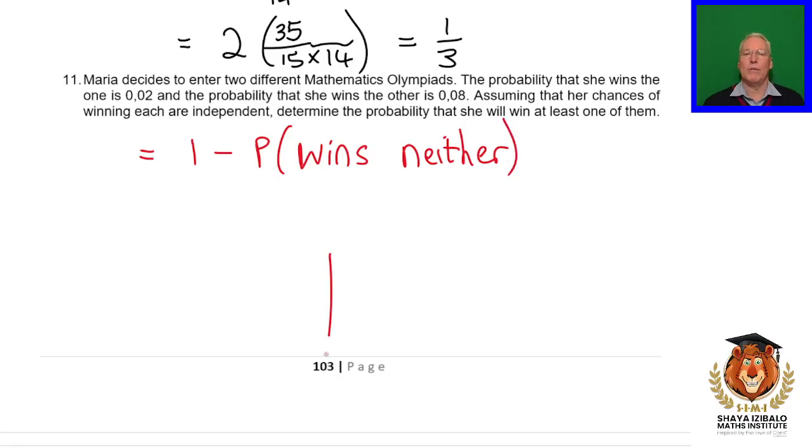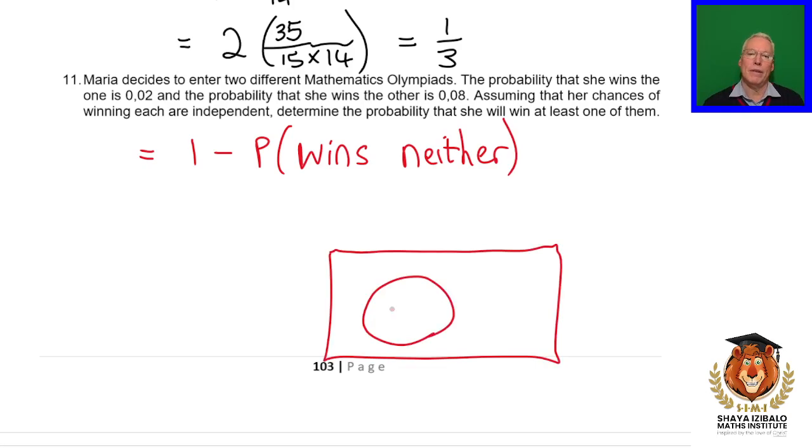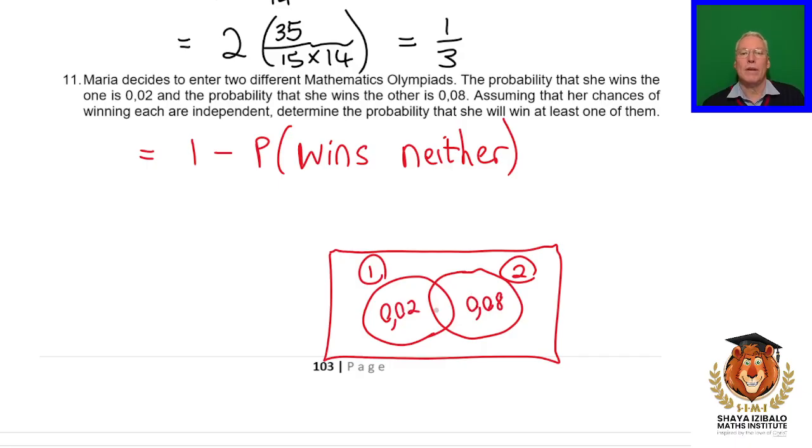Okay, so if we think about a kind of a tree diagram, not a tree diagram, a Venn diagram, this is Olympiad number 1, this is Olympiad number 2, and the probability that she wins one of them is 0.02. The probability that she wins the other one is 0.08. Here's where she wins both of them, and we can work that out.